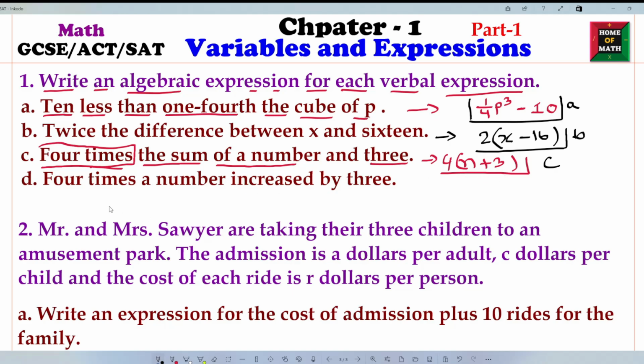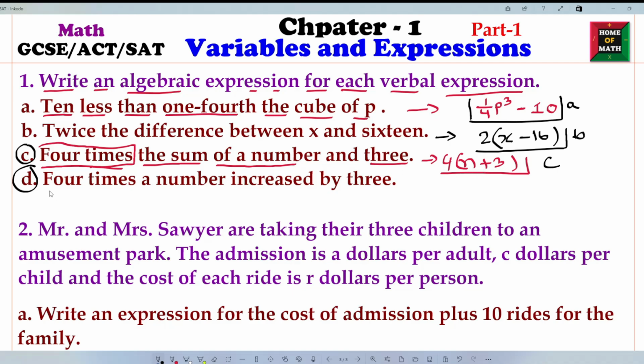Again, number D: 4 times a number increased by 3. Look, number C and number D are not the same. Here it is 4 times the sum of a number and 3, so n plus 3 is a sum.